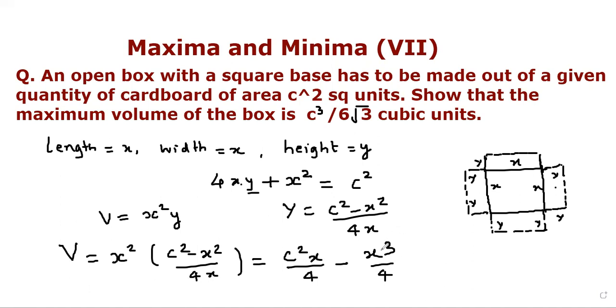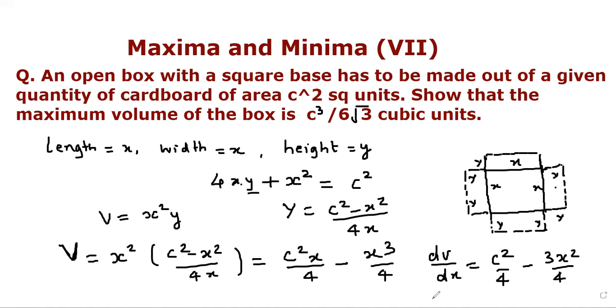Now for maximum or minimum, the derivative must be 0. So first of all, we have to differentiate it, and then we will equate it to 0. So let's differentiate this V. We will get dV upon dx equal to c square upon 4 minus 3x square divided by 4.